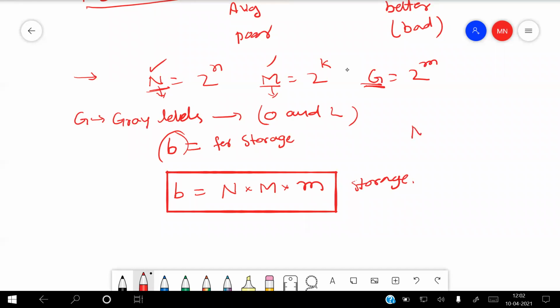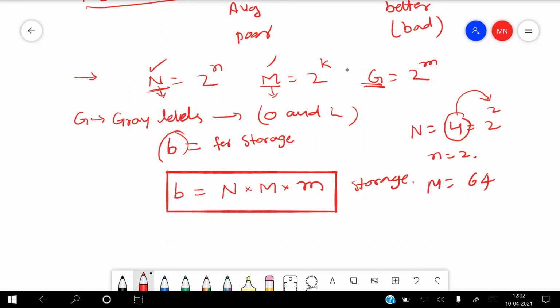That means N is nothing but, suppose 4. How can you represent 4? 2 power 2. So what is small n? 2. So we will give that value directly. Then M value is nothing but 64.